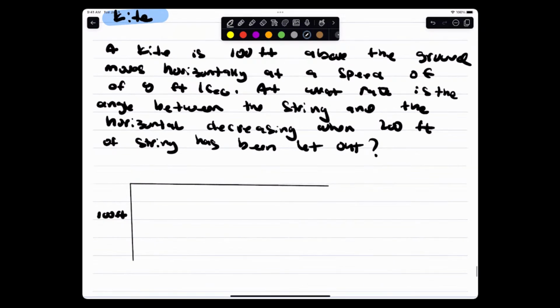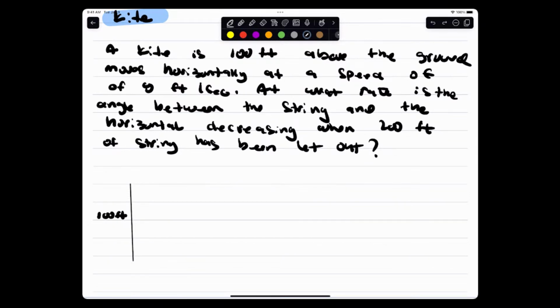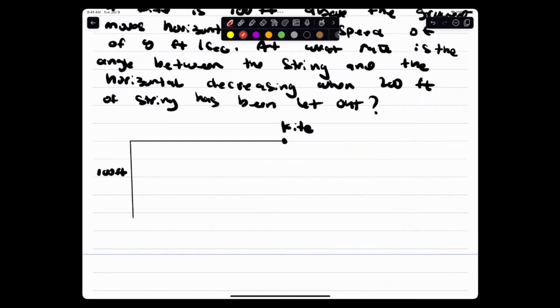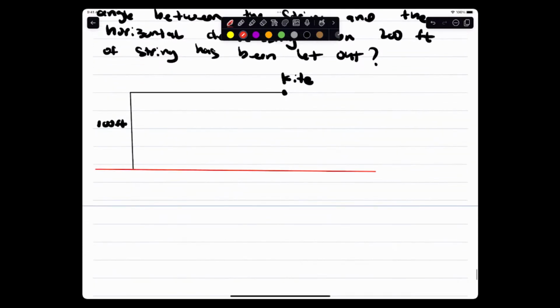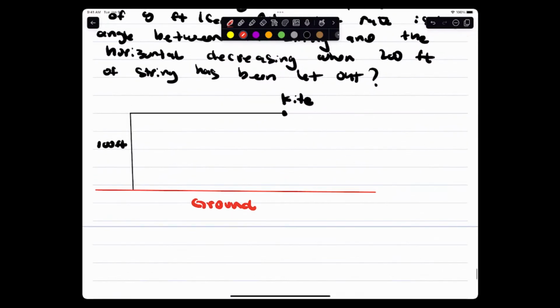You guys with me on that? So, in some ways, you can say this is where the kite is. And it's moving horizontally to the ground. And I'm going to do this here now. And that's kind of the idea. This is the ground here.